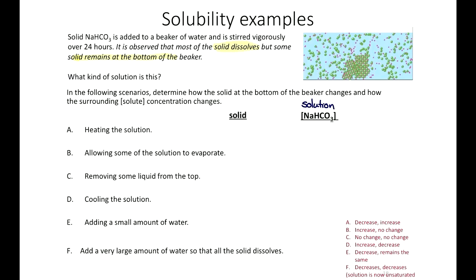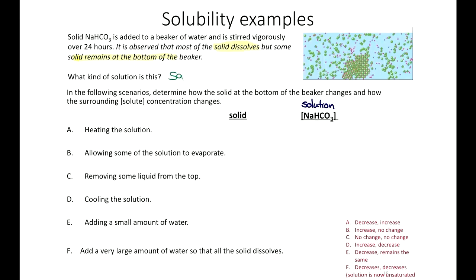What kind of solution do we have? Saturated. Are you sure it's not supersaturated? Right, it is not supersaturated. You can't make a supersaturated solution by just stirring. You gotta trick it, right? So this is just a saturated solution.